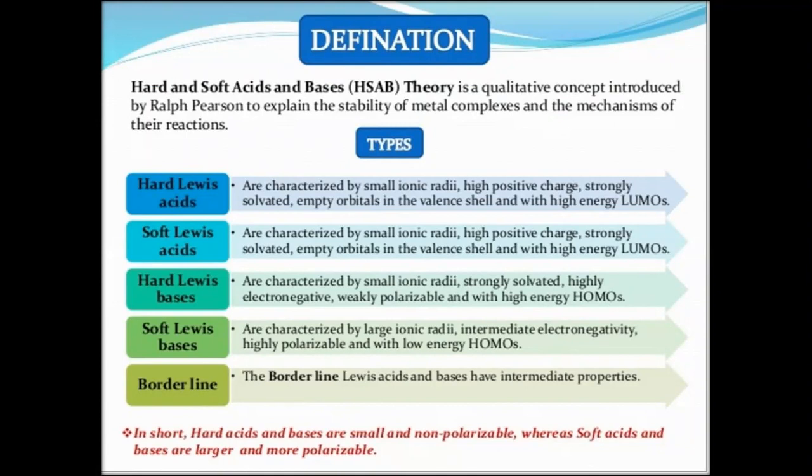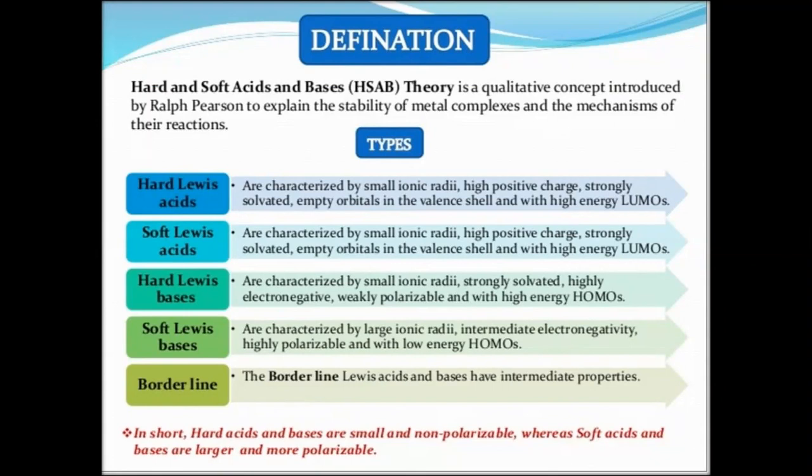HSAB is widely used in chemistry for explaining the stability of compounds and reaction mechanism pathways. It assigns the terms hard or soft, and acid or base, to chemical species. According to Pearson's HSAB principle, hard acids prefer to form bonds with hard bases, and soft acids prefer to form bonds with soft bases.